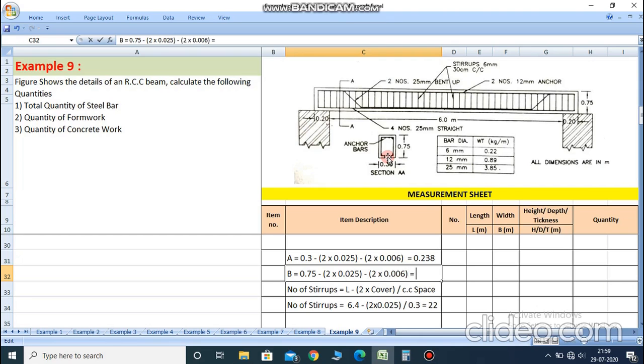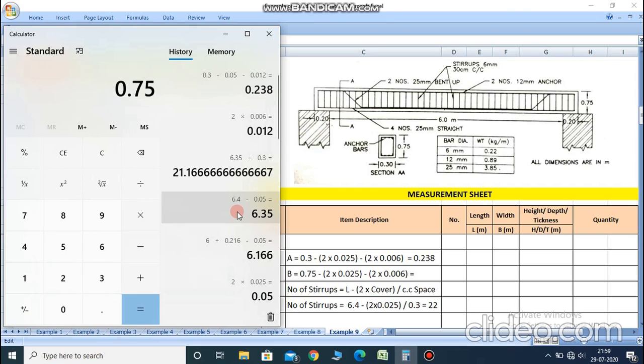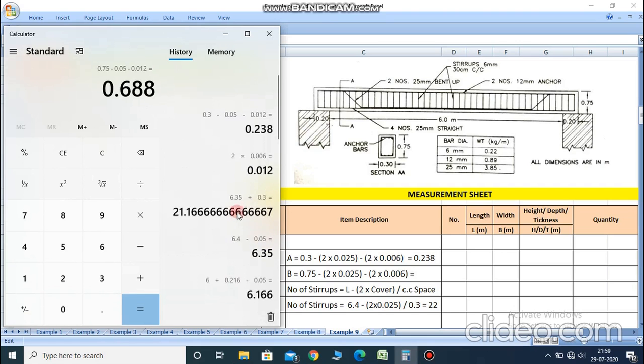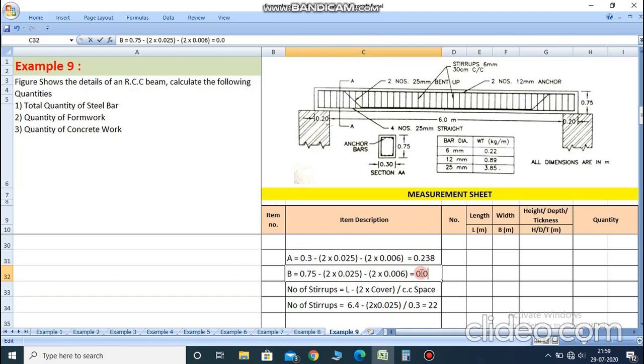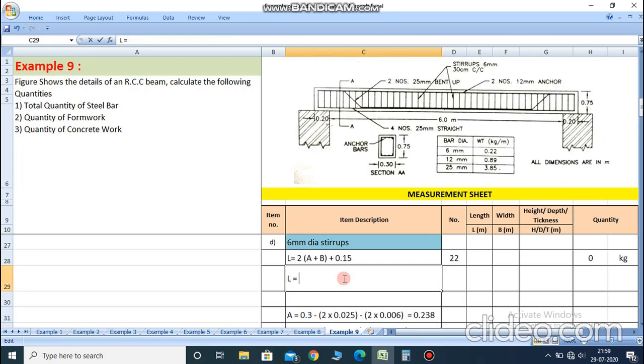So we got the answer 0.75 minus 0.05 minus 0.012. So we got the answer 0.688. So right here 0.688. All the values of A and B we write here.